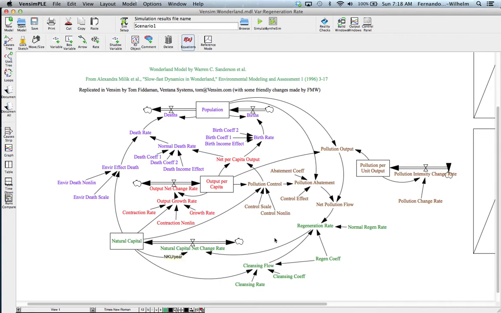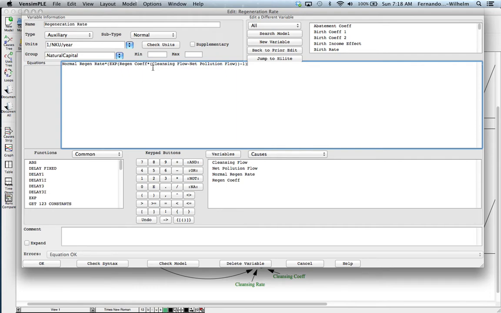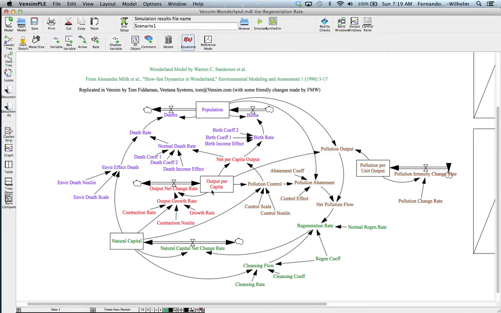Nature is regenerated through the counteracting difference of these two: the cleansing flow minus the net pollution flow provides a regeneration rate. But they appear in terms of attenuating the nature regeneration, not really of consuming nature, which I would have liked to see. So that is the natural capital stock.